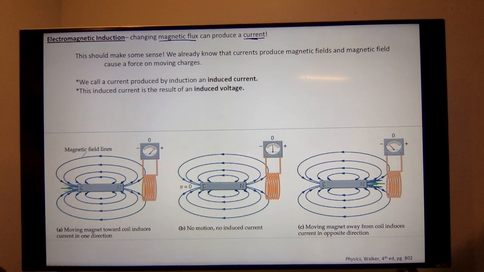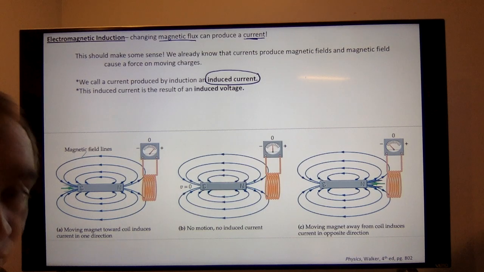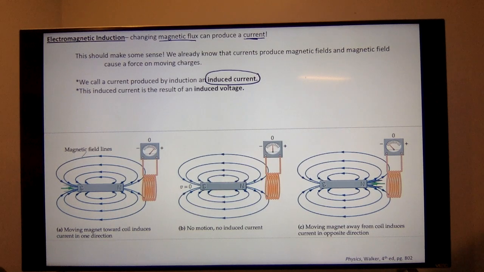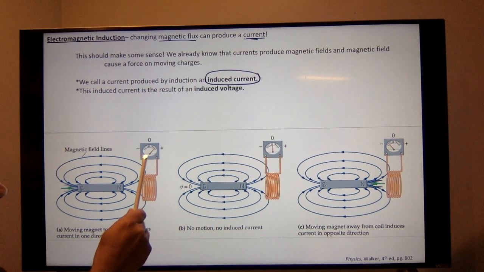So what's going to happen is that we're going to get a sort of magic current produced in a circuit that's not connected to a power source or a battery or a source of potential at all. Notice down here in this diagram, I have a coil of wire that's just connected to a meter that tells us how much current is in that wire.